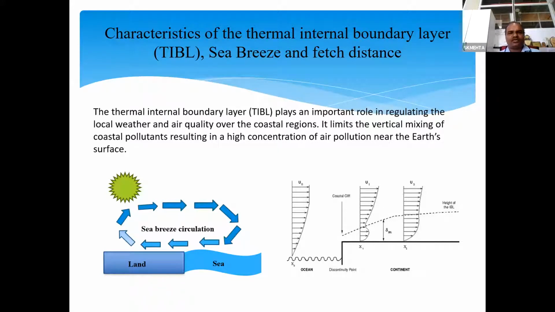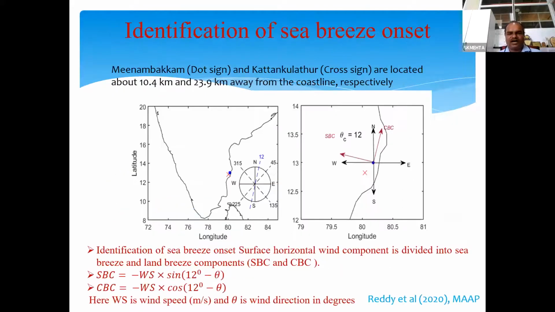So how do we calculate this sea breeze? We should have the surface observation. Then we have to calculate the sea breeze component and the coastal breeze component. The sea breeze component you can calculate, as I have shown here, from the surface wind.